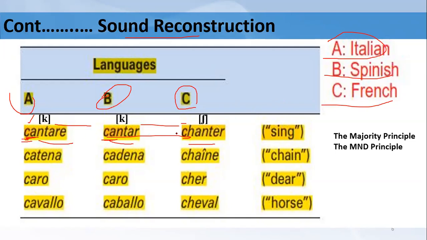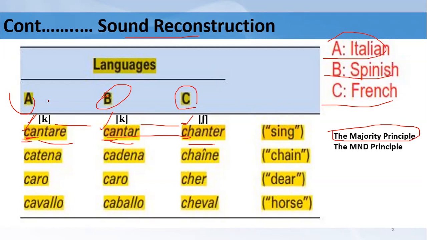So what can we do? Look at the majority principle first. Here we have got k, cantare. Here we have got canter. Here we have got shanter. Fine.